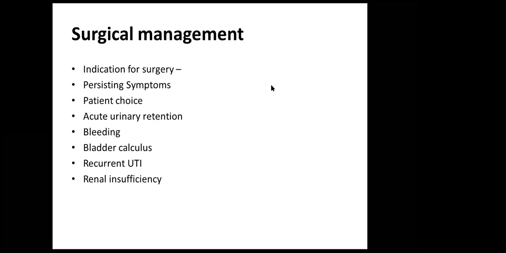So, how do you decide that medical therapy has failed and the patient has to go for surgery? Sir, preoperatively, with the history and the AUA score itself, we get a scoring system, for example 8, 9, something.